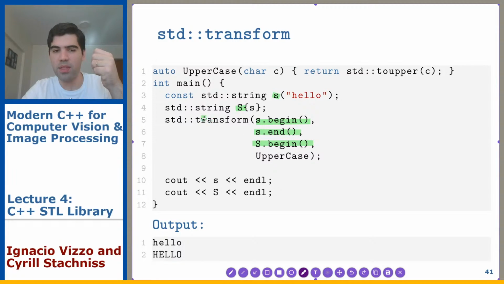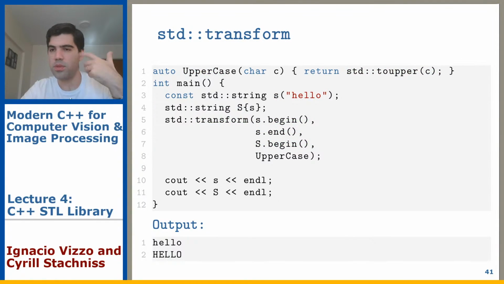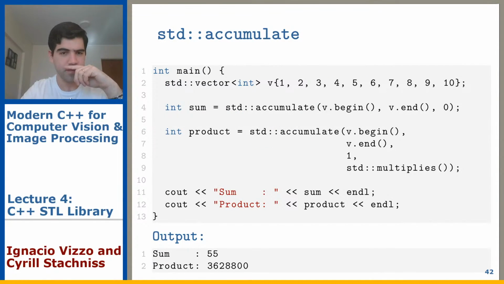And then the predicate for calling this transform function on each of these elements, hello, is uppercase. That is a function that will basically return the uppercase letter for this character. If you try this, it will convert hello into capital letters. So again, no for loops, easy to use, hard to misuse.